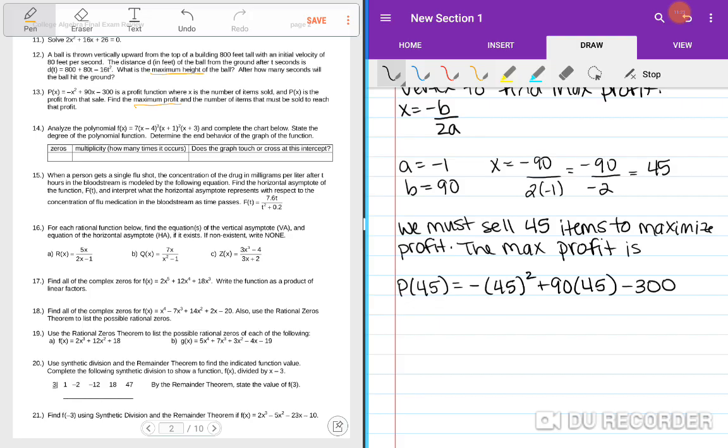Okay, make sure that when you square that 45, you do not put the negative in the parentheses with it, because it's just the 45 that's being squared, not the negative. So plus 90 times 45 minus 300. So I get 1725.